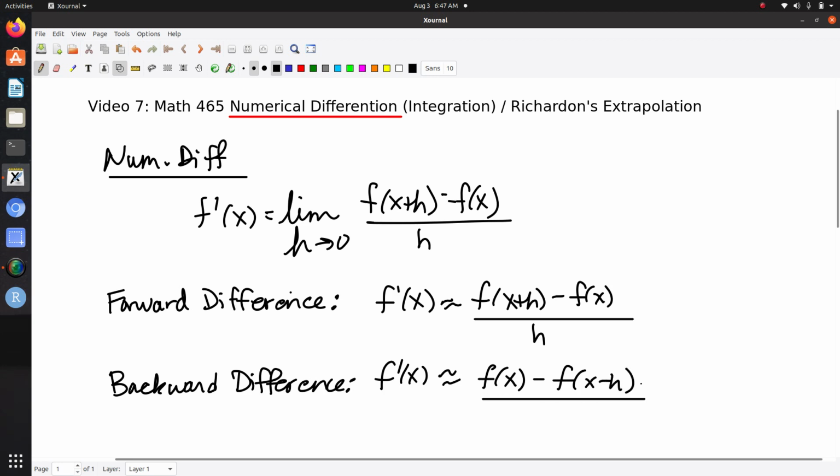I'm sure you did stuff like this in calculus. These guys, in this case, let's say h is greater than 0, otherwise these wouldn't be different, right? These are the official, in other words the only, 2-point formulas.